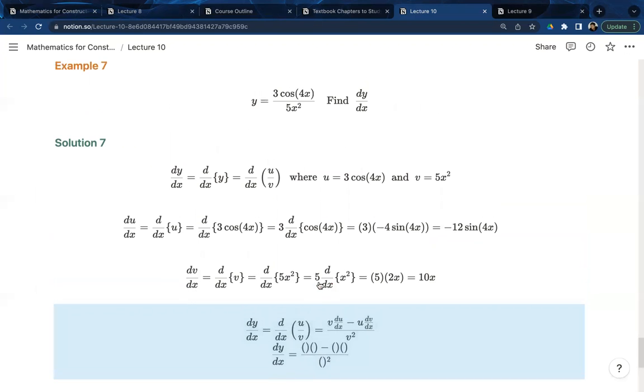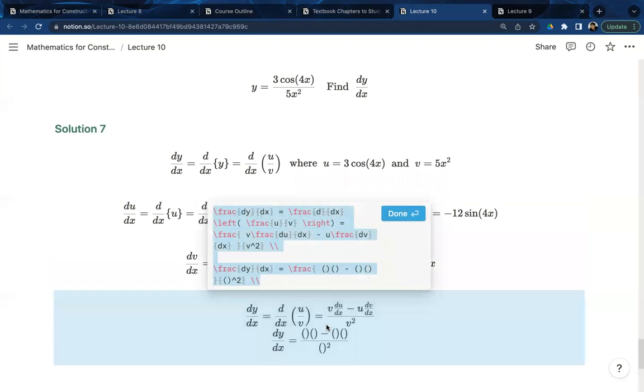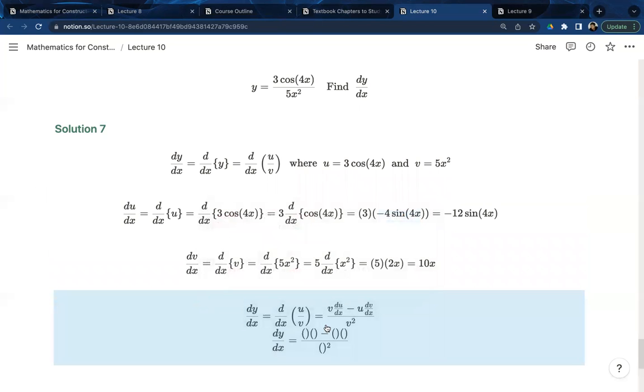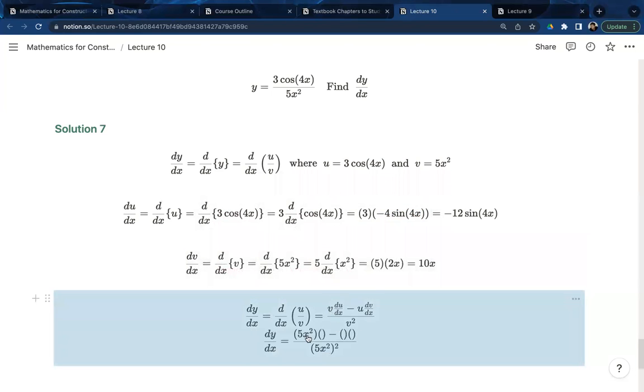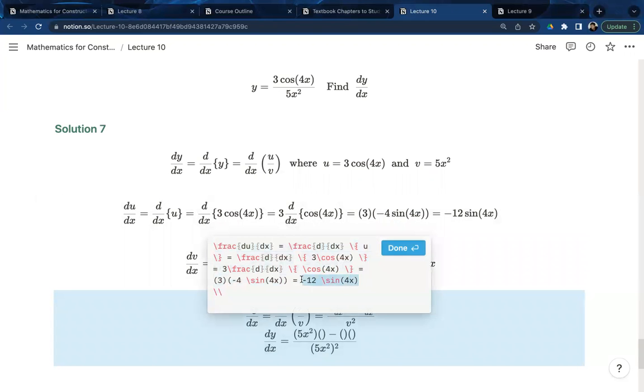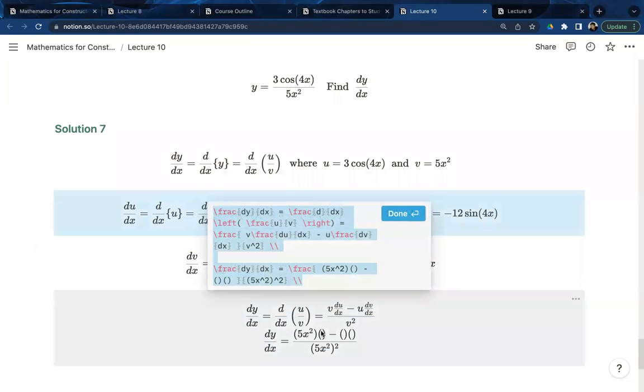So we want to substitute, right? What is v? V is 5x squared. So we substitute in for v, right? So I have 5x squared and 5x squared. All right, that's v. V is the first thing and the bottom thing all squared, right? What's du dx? Du dx is minus 12 sine 4x. Substitute that for du dx.